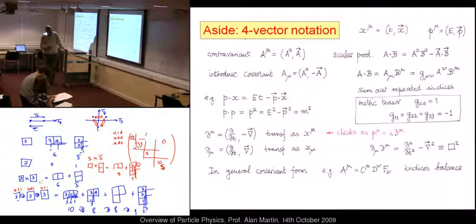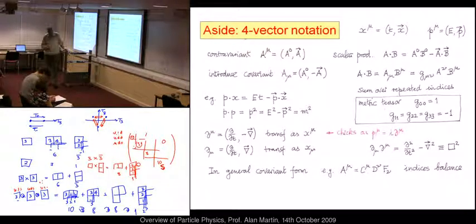If I take the scalar product of these two things here, p dot x, I'm going to have Et minus p dot x. That's the scalar product, either from here or from here. If I take p dot p, that's p squared, a 4-vector scalar product. If I calculate that, I get E squared minus the 3-vector scalar product.